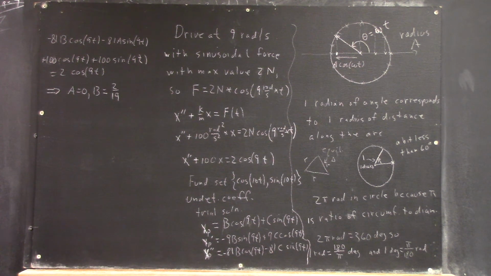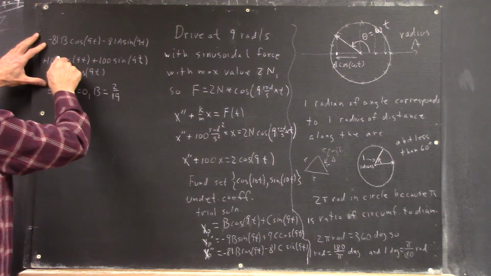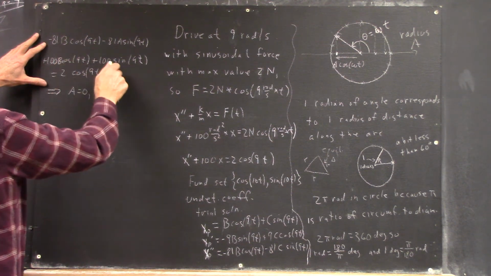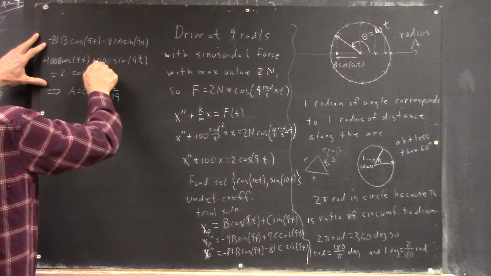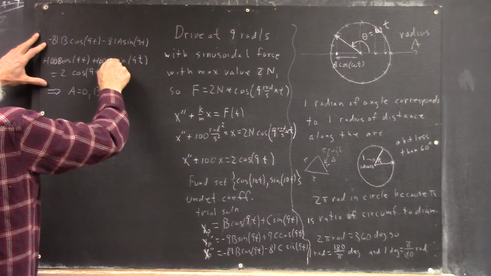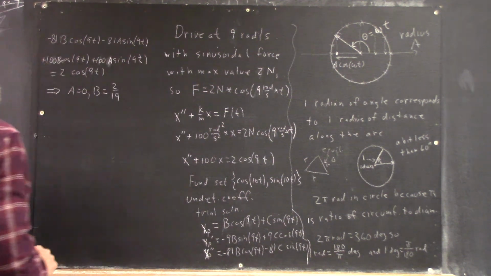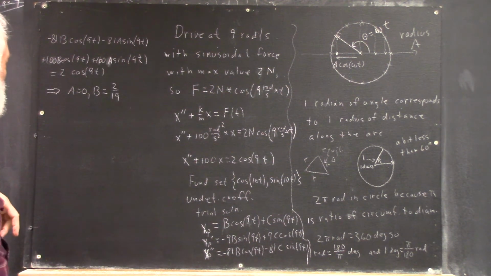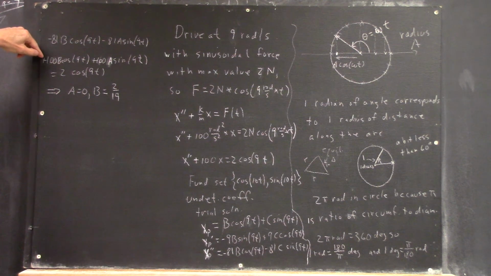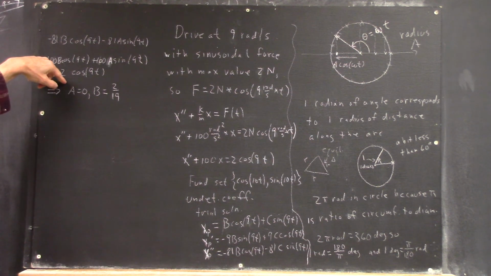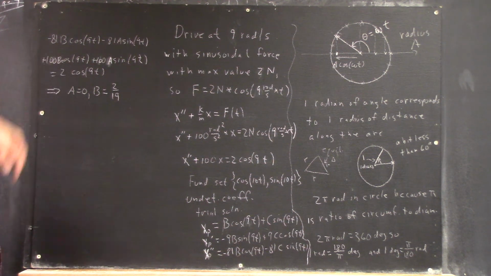And I left the b out of this. 100b cosine, 100c sine, okay? So you got 19b cosine equals 2 cosine, so b equals 2/19.